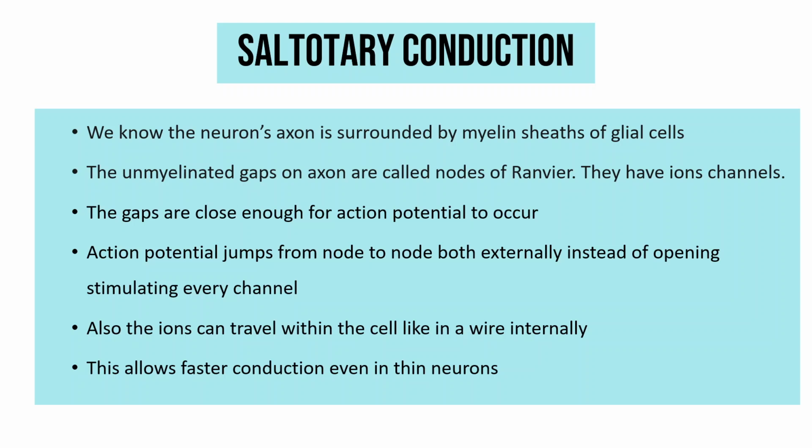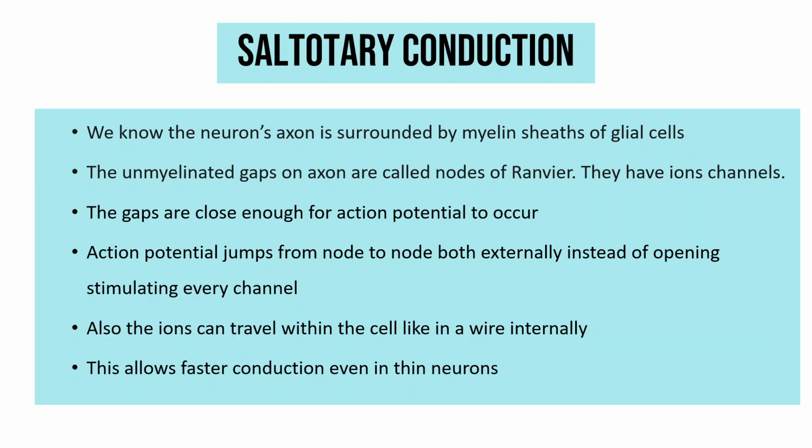And we found out that there is a gap between those sheaths, and they have ion channels, because obviously ions will not travel across cells to enter the neuron. It will enter if it can enter directly. So this is the most direct way for ions to enter the neuron, directly inside the cell membrane. Okay, cool. So they do it through the gaps, also known as nodes of Ranvier.